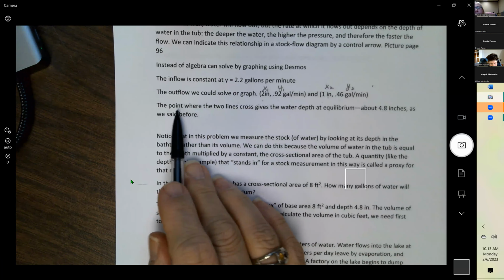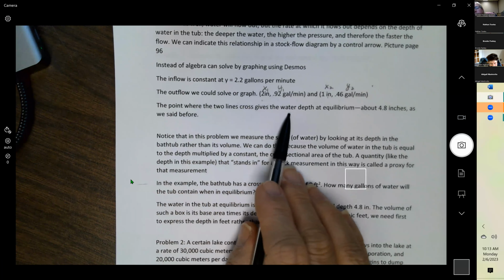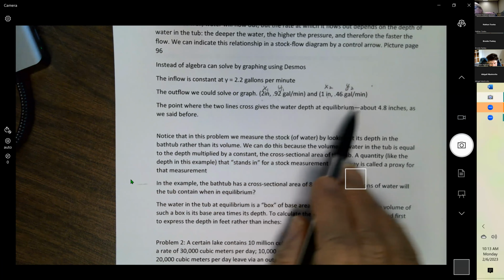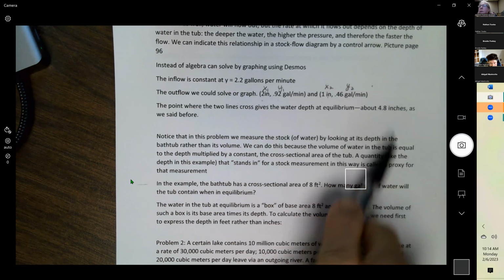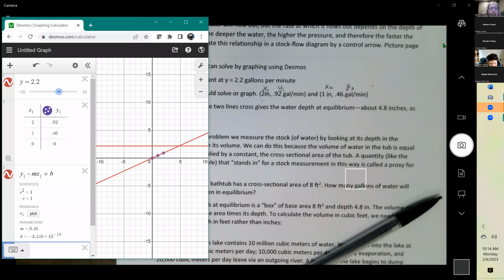Now we want to find the point where the 2 lines cross, because that would give us the depth at an equilibrium. And we should get about 4.8 inches. So if we look at Desmos again, notice where the 2 intersect. Another thing that's nice about Desmos is if you click on it, it gives you it.